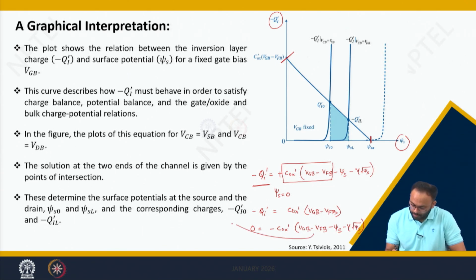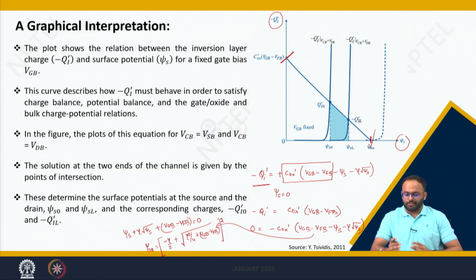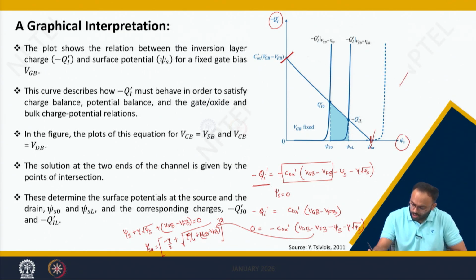Ultimately, you remember you can solve this equation as psi s plus gamma root psi s plus VGB minus V flat band voltage, and it ends up with a surface potential of psi SA, which is nothing but minus gamma divided by 2 plus square root of gamma square by 4 plus VGB minus V flat band voltage, whole square. So, in this graph we finally got the two end points, and below these we will draw our graph.